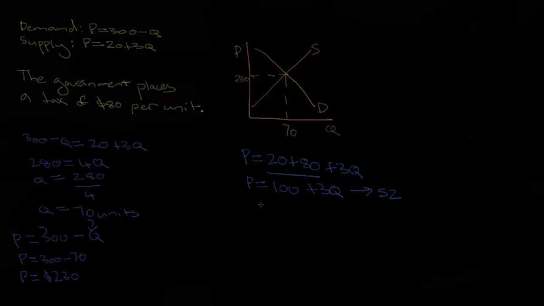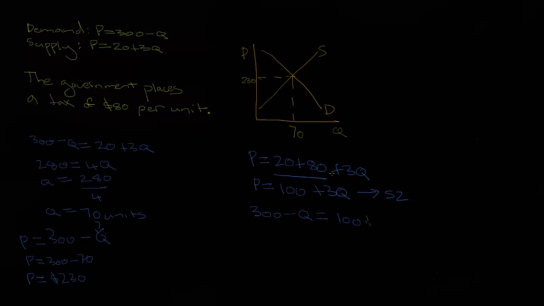So we can just do the same step as before and find the new equilibrium quantity and the new equilibrium price. So we know that price equals 100 plus 3Q, but the demand equation stays the same as 300 minus Q. So if we solve them simultaneously again, we get the demand equation of 300 minus Q equal to the supply equation of 100 plus 3Q.